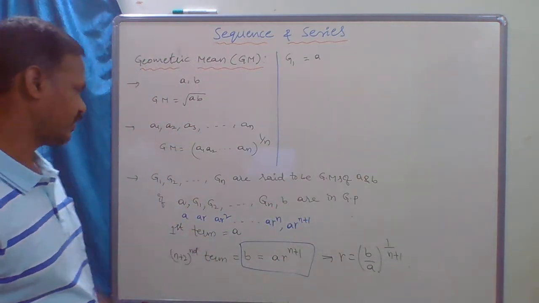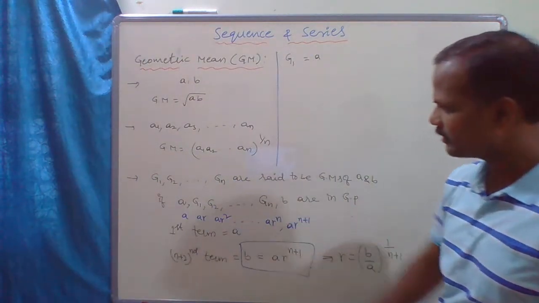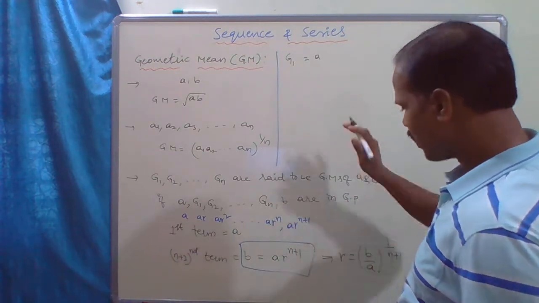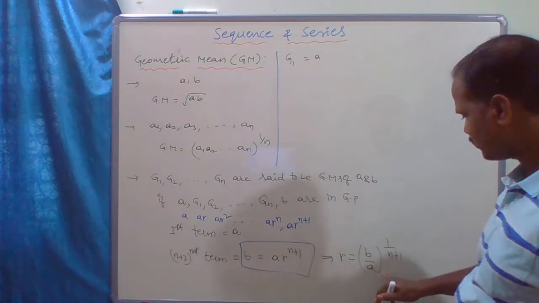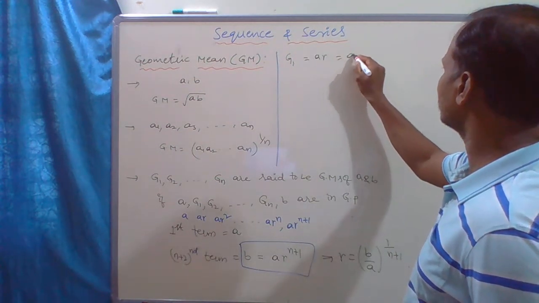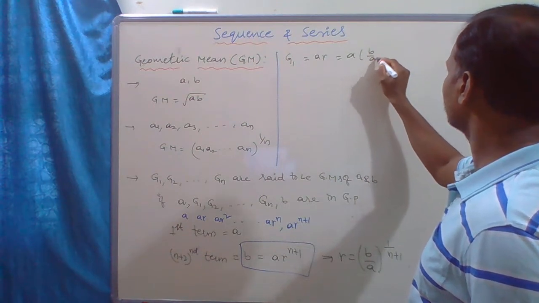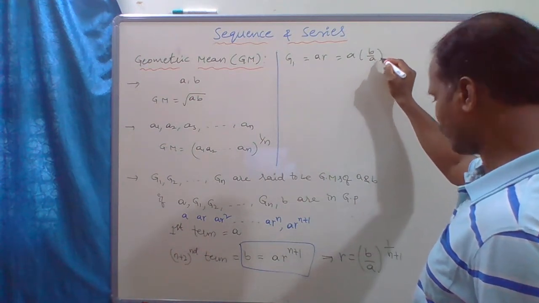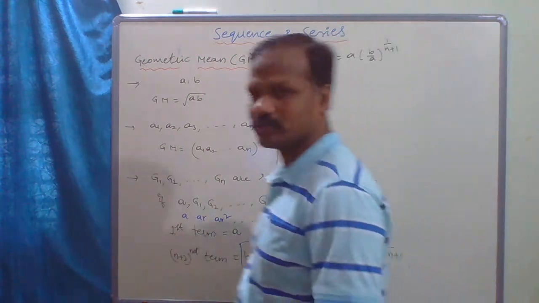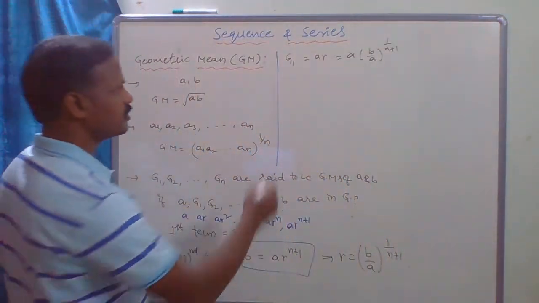Okay, fine. So G1 can be written as A into R. What is R? This is equal to A into B by A whole power 1 by n plus 1. Clear? So that is G1. Now what is G2?